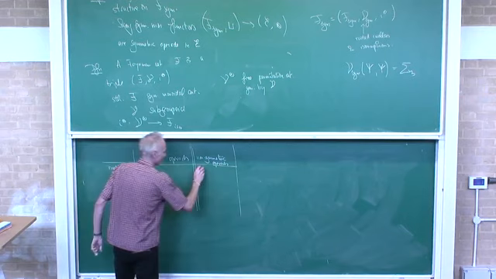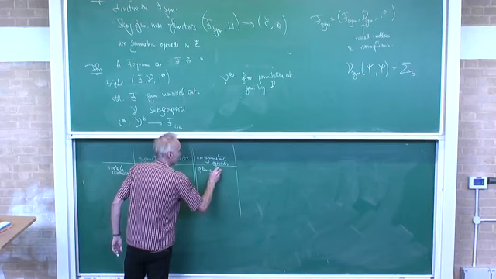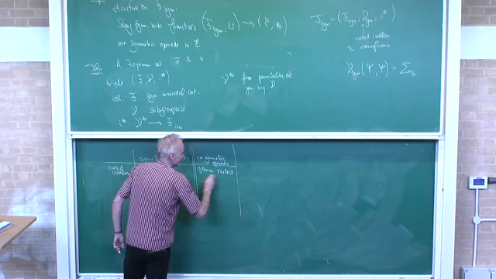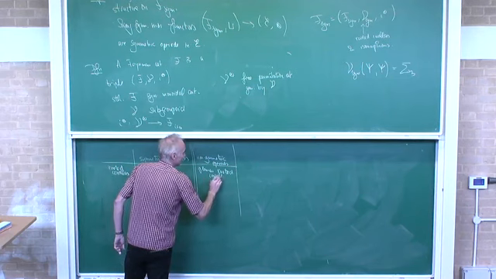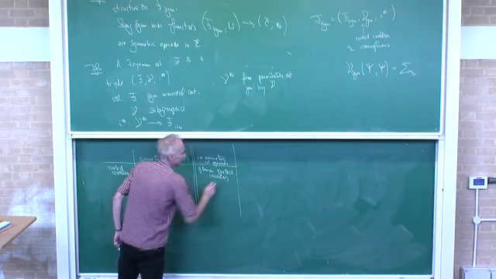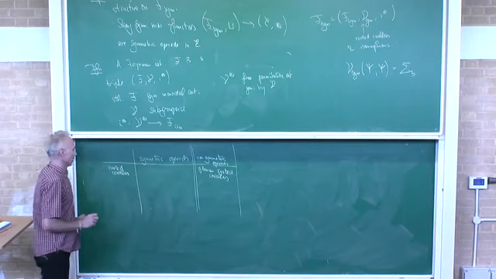So planar rooted corollas. So this destroys any symmetries.